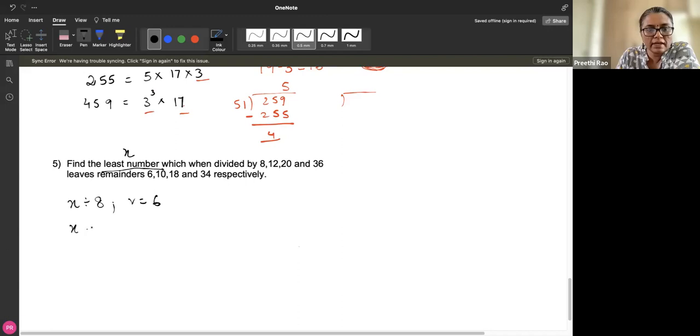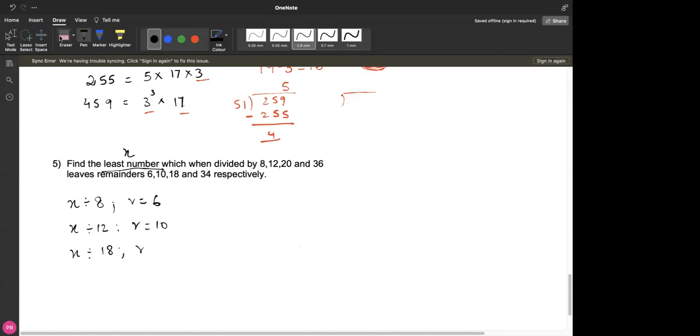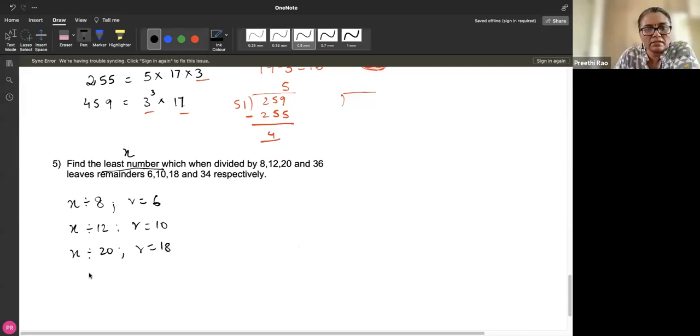The same number x, when I divide it by 12, I get a remainder of 10. When I divide it by 20, the remainder is 18. And when I divide it by 36, the remainder is 34. So the question is, what is x?